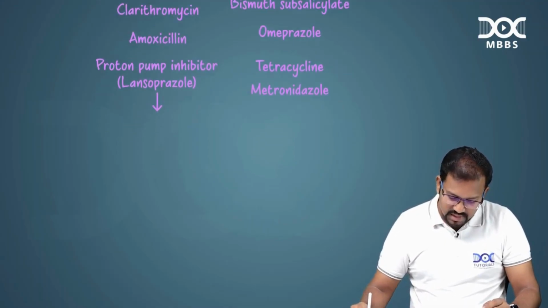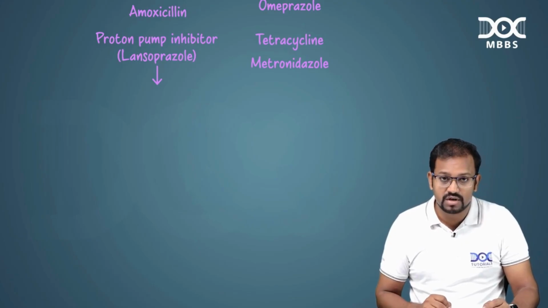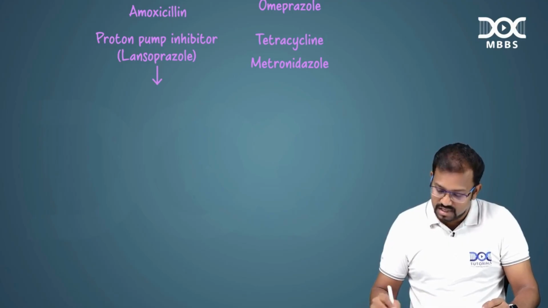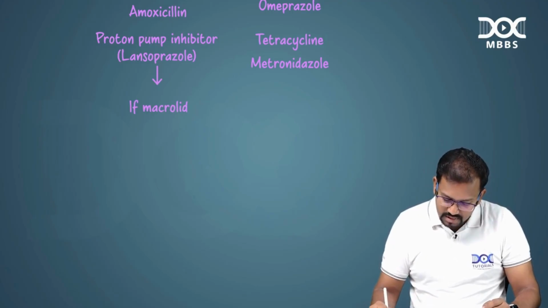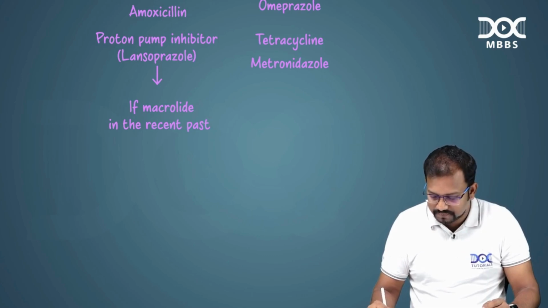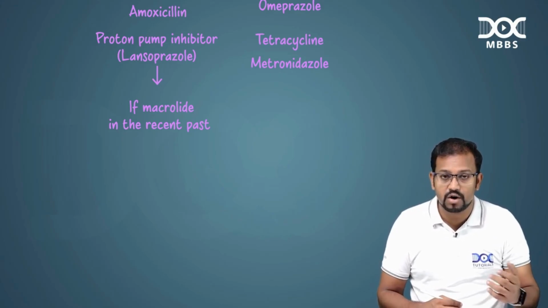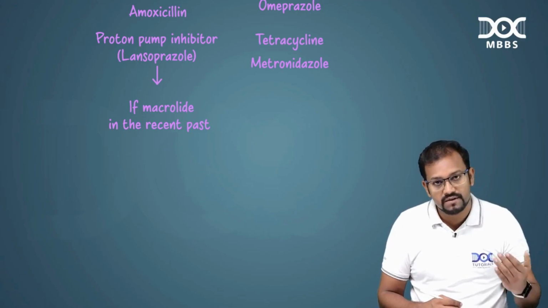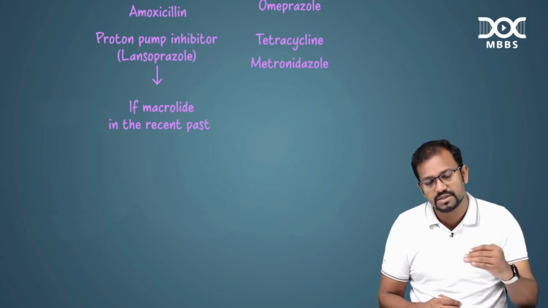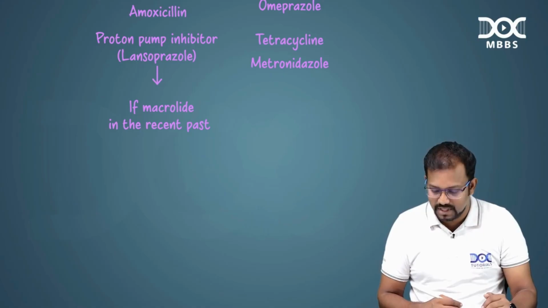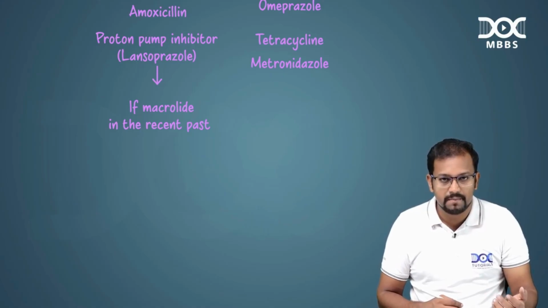If a patient already has macrolide resistance, or has been exposed to macrolide in the recent past, he might not be responding well in those conditions. Or if you add clarithromycin again, the patient might land up in adverse drug reactions, because clarithromycin is actually a macrolide.